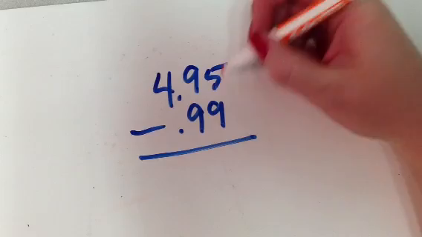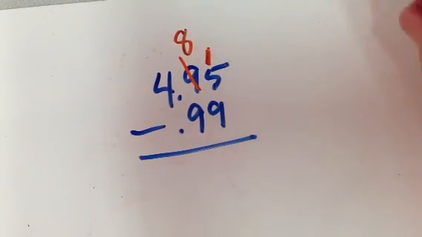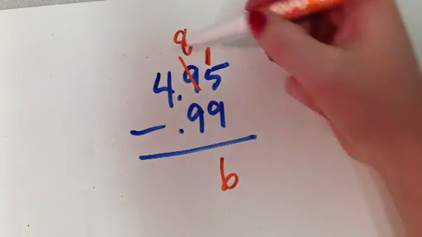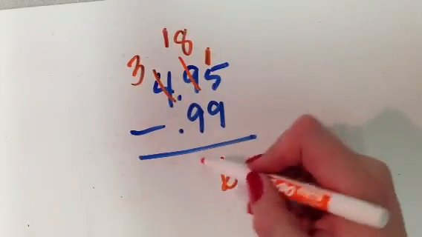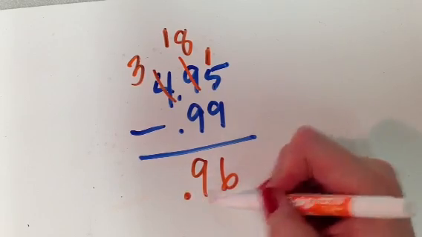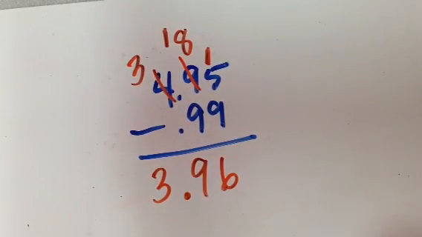So again, I can't take 9 from 5. I have to borrow, which makes that a 6. I can't take 9 from 8, so I have to borrow. And I have to make sure that every spot behind my decimal point is filled in, right? Because I can't just have a space there.